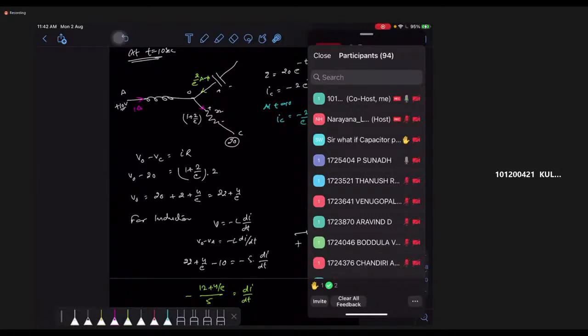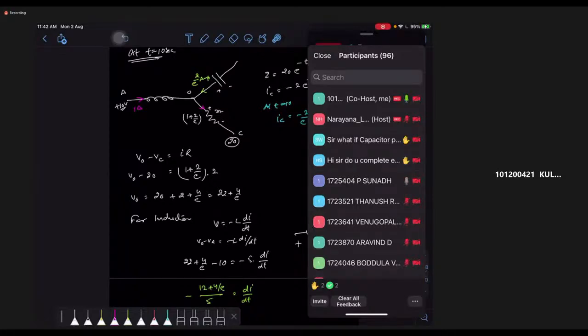This is actually not a proper question. You're right, current is going to change through the inductor.